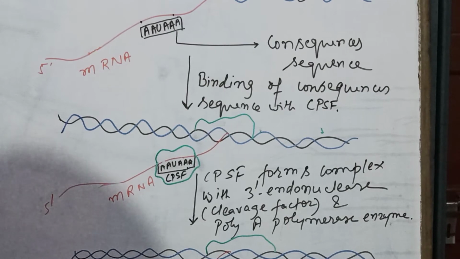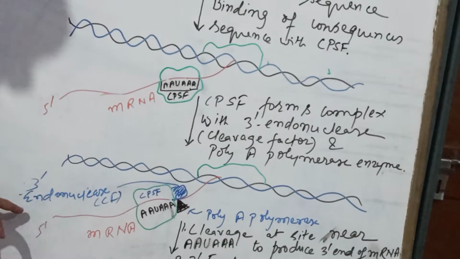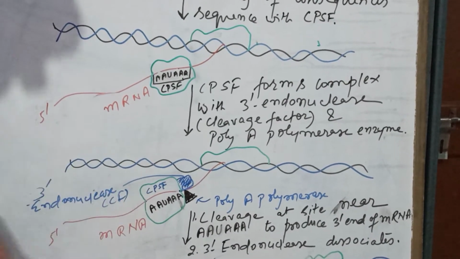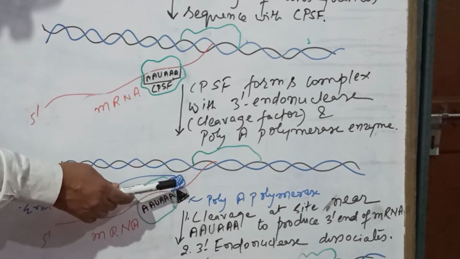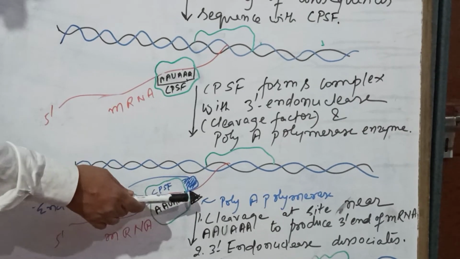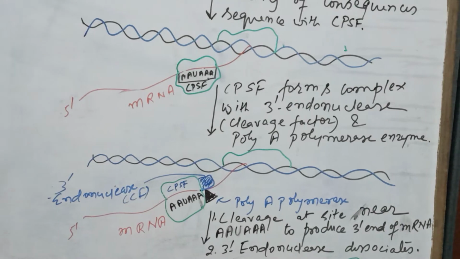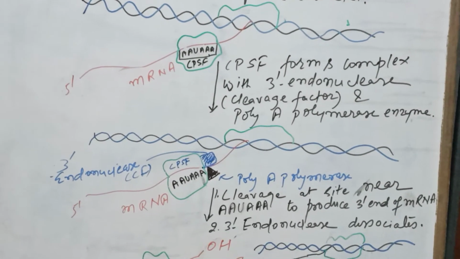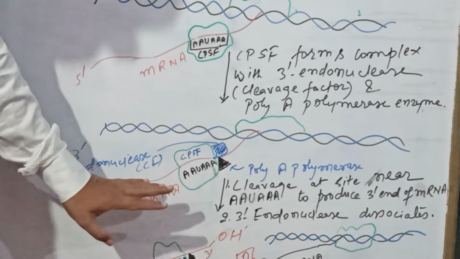You can see that this is the complex formation at the consensus sequence. This is the CPSF. I have made the 3' endonuclease rectangular, and I have made the poly-A polymerase triangular. So this complex formation takes place, and at the same time what happens?